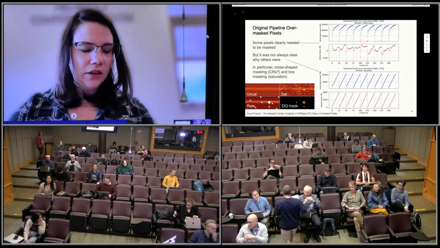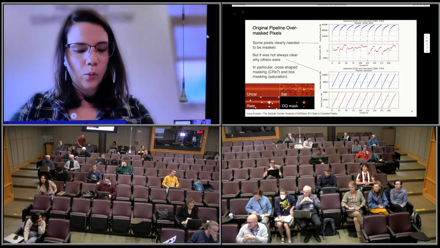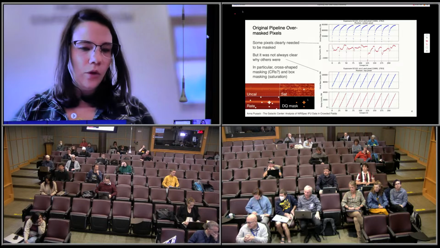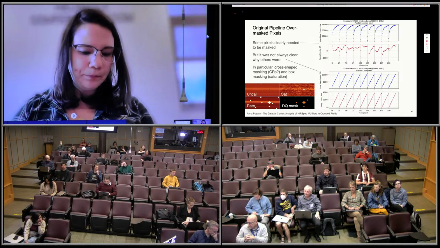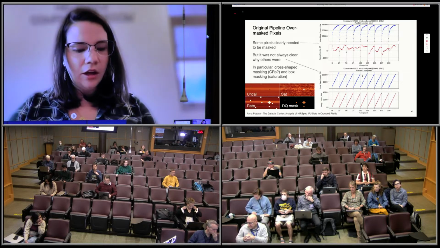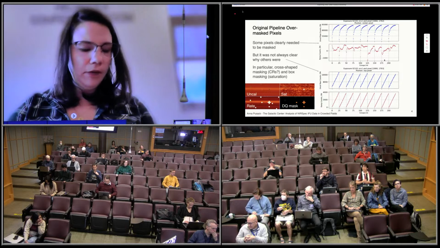On the left here, you can see some DS9 captures of the different stage 0 and 1 data, including the DQ mask, where you can see one of these crosses quite clearly. On the right are the up the ramp data products from the uncalibrated in blue and the stage 1 ramp in red.